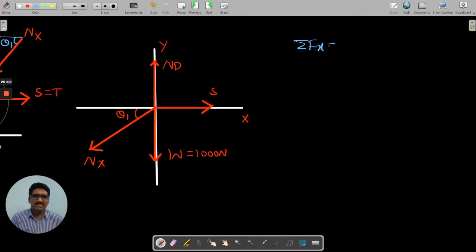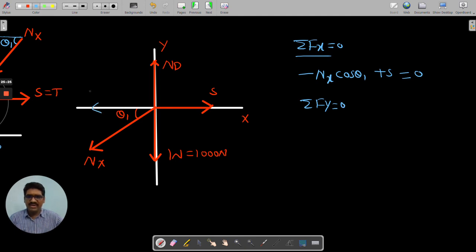Okay, so now I am applying the equations of equilibrium. Summation of Fx is equal to 0. So minus Nx cos theta 1 plus S is equal to 0. Next, summation of Fy. I told the resolution already. This becomes Nx cos theta 1, and this becomes Nx sin theta 1.